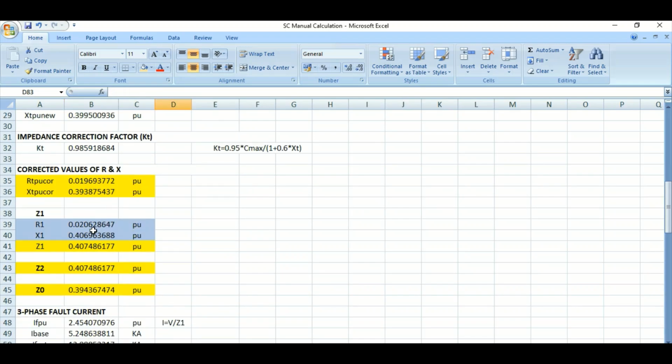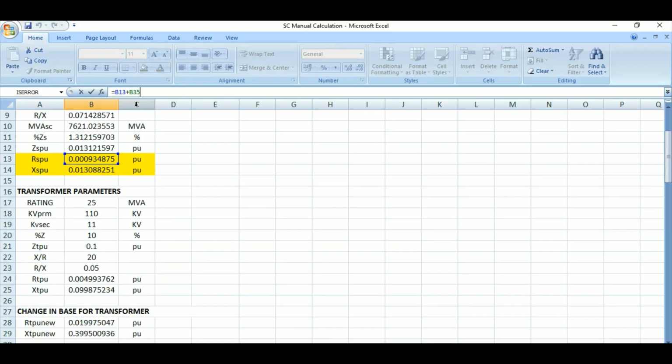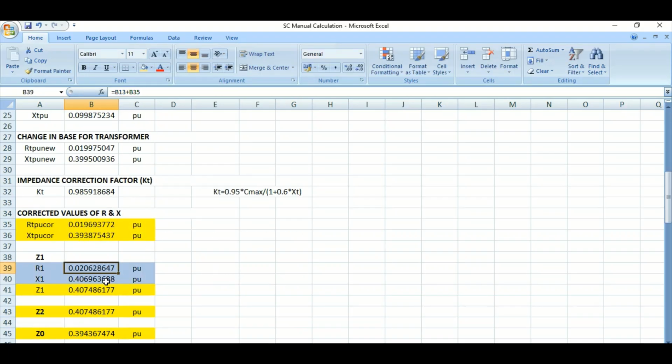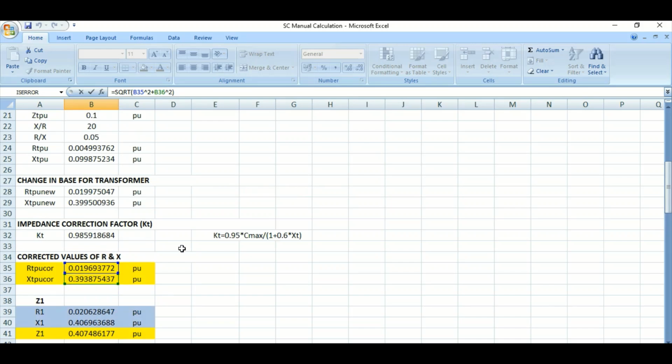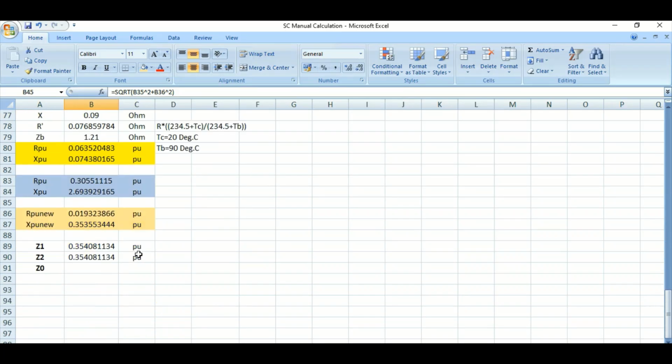But for here, we have to consider a separate value for this, because we have considered the source parameter for Z1 source impedance also, but for Z0, only the transformer resistance and reactance value, right?